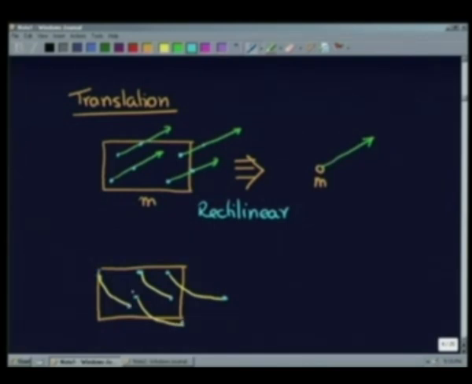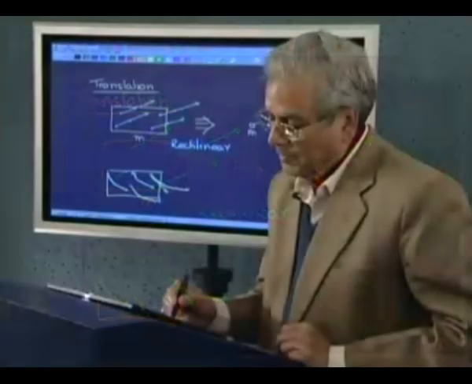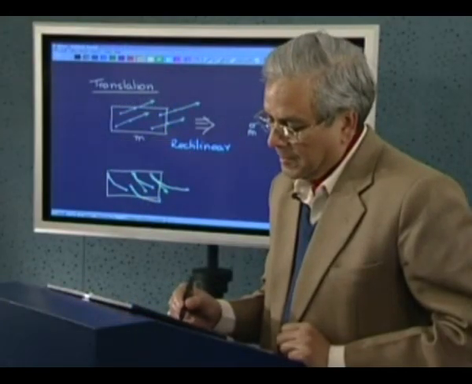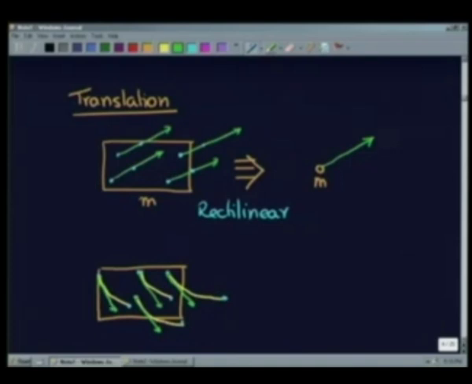So here also, at any particular instant of time, the velocities of the particles will be all identical, but the trajectory of the particles will not be straight lines like this. So this is called curvilinear translation.